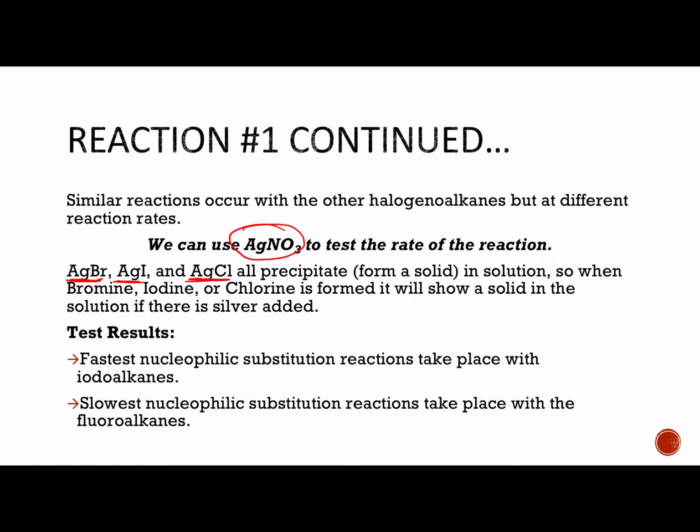It turns out that the fastest nucleophilic substitution reactions take place with iodine, and the slowest ones take place with fluorine. This has to do with their relative bond strengths, which you can pick up from the bond energies or just from remembering from last unit. Bond length equates to bond strength.